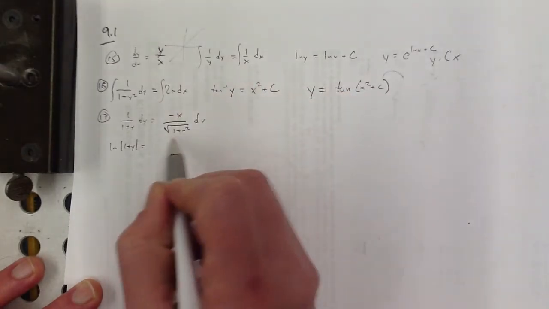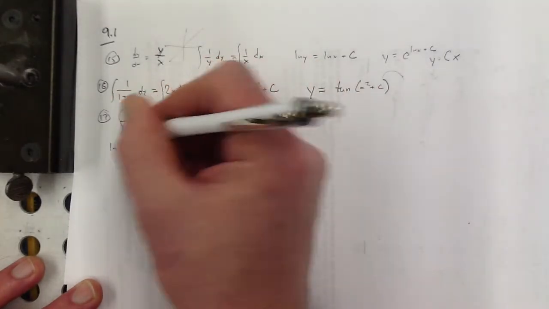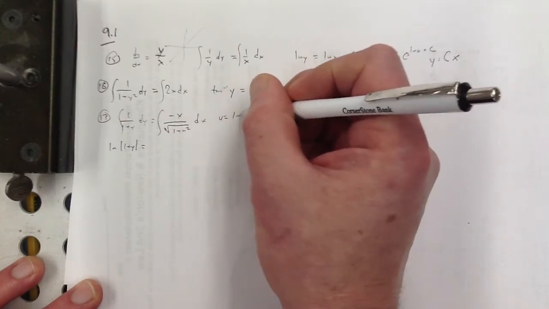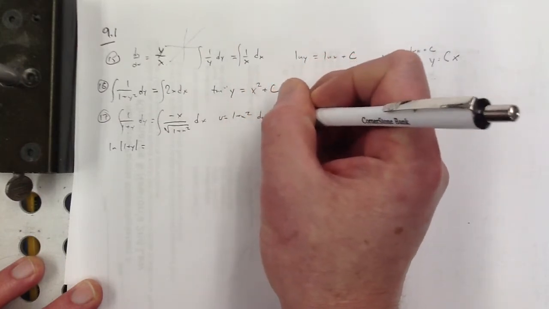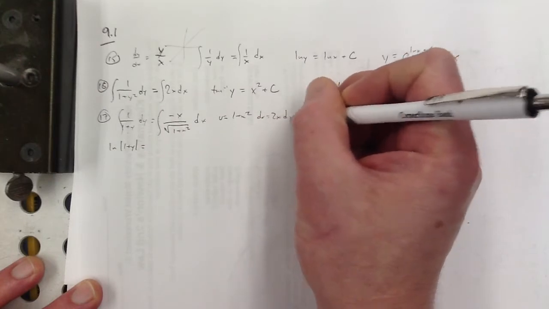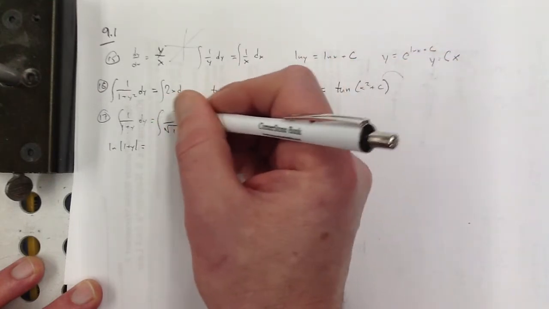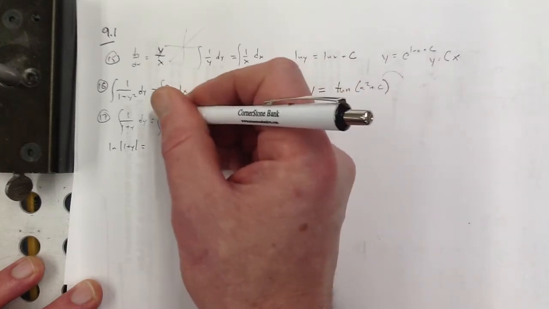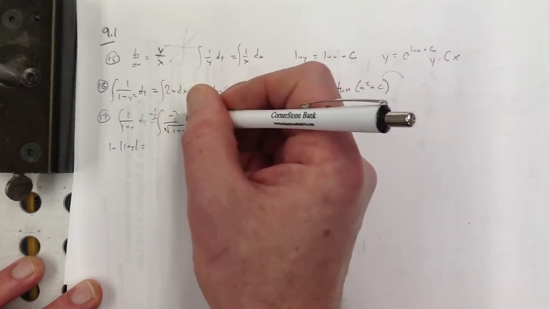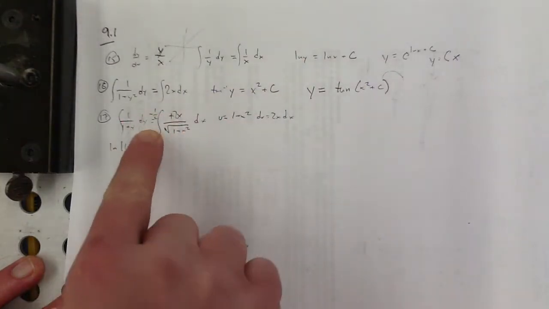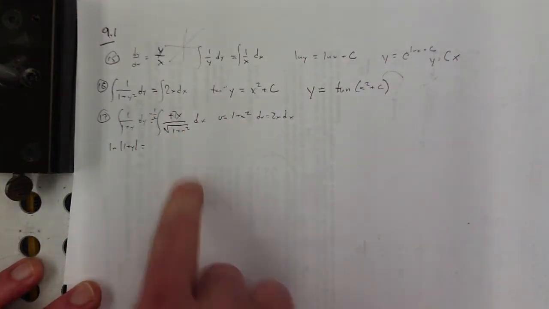And then here I'd have to do a u substitution where u is equal to 1 plus x squared, so du is equal to 2x dx. So I need a 2 in here and a 1/2. Actually, I think a negative 2 in there, so that'll take that sign out of play. Rather move that sign to the outside, however you want to think about that.